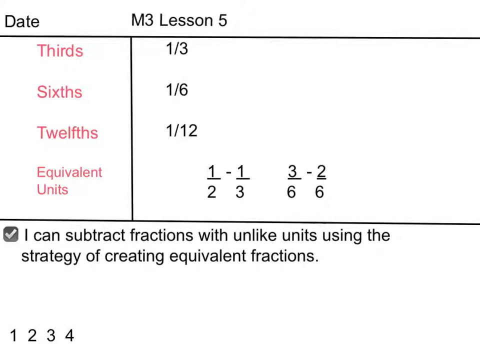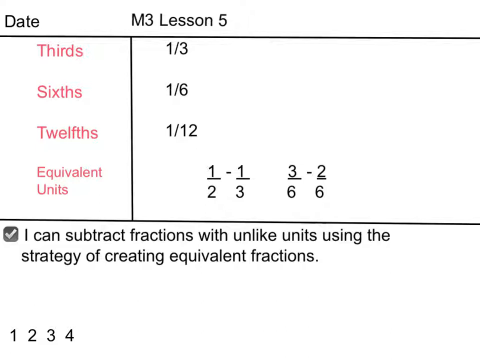And then we're going to be using equivalent units as our previous lessons taught us, where you're going to take a half and find an equivalent fraction where 1/2 and 1/3 share a similar denominator, where their units are the same. So 1/2 is going to become 3/6, and 1/3 will become 2/6. And keep in mind we are, again, subtracting fractions this unit lesson, okay?